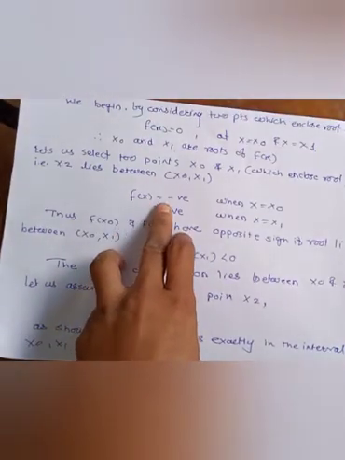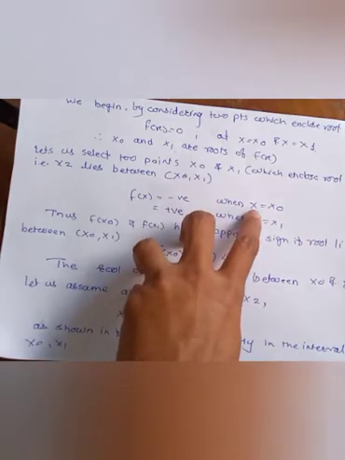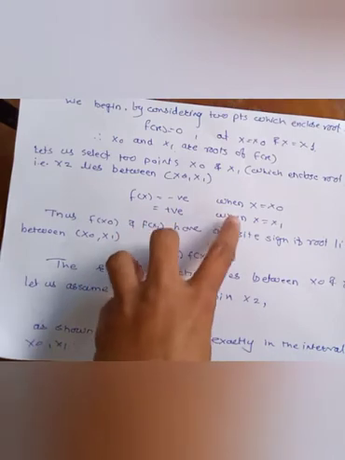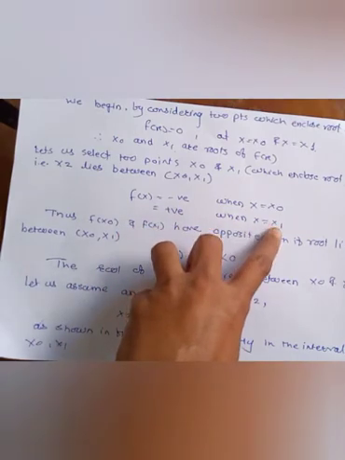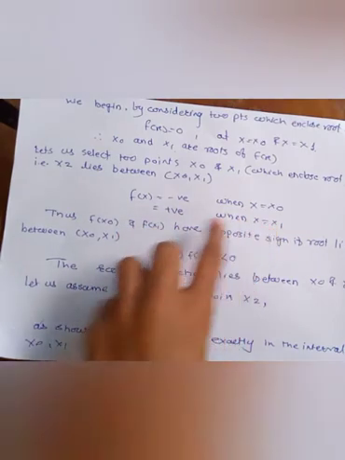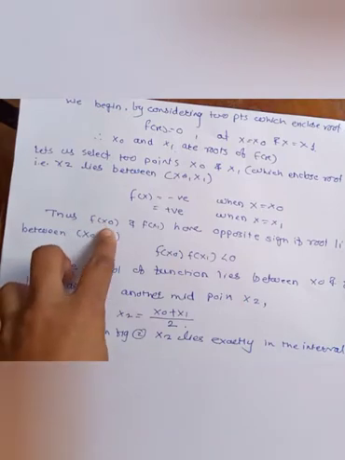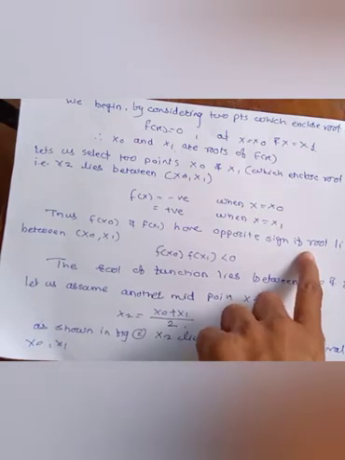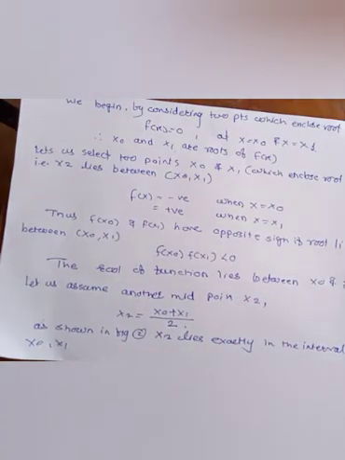Function f of x is negative when x is equal to x0 and it is positive when x is equal to x1. Thus we conclude that f of x0 and f of x1 have opposite sign if the root lies between x0 and x1.